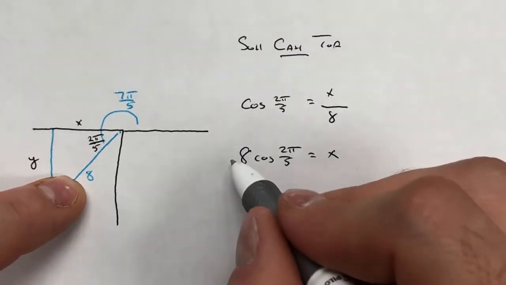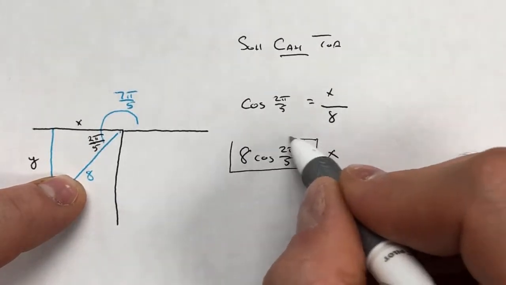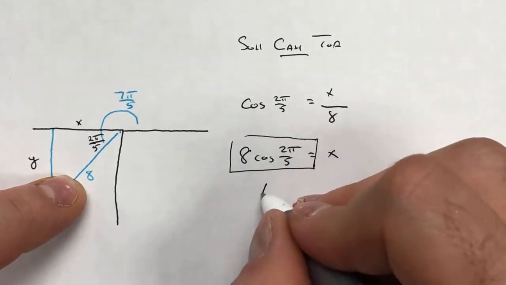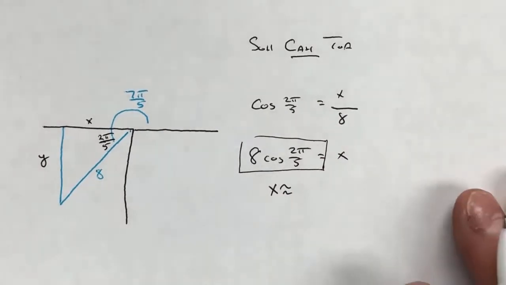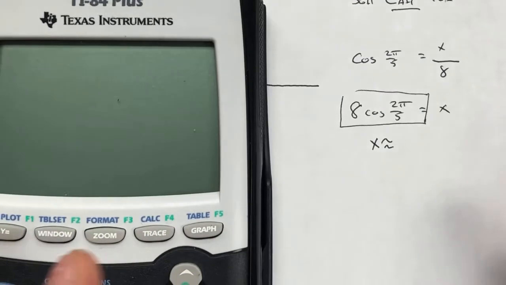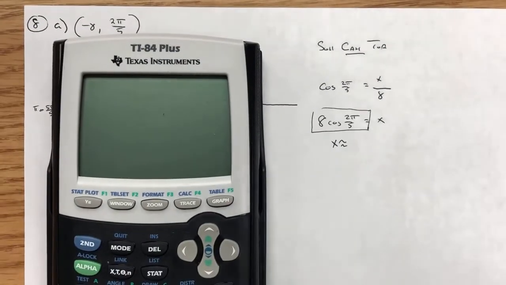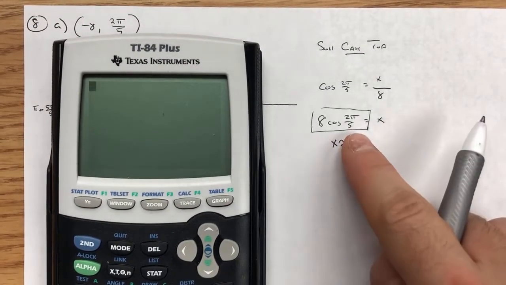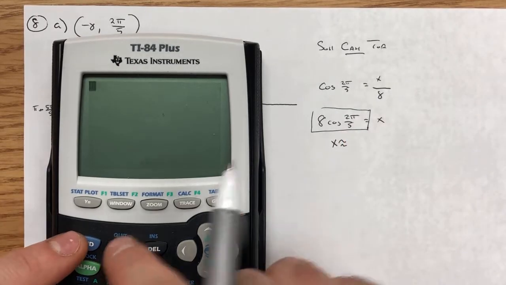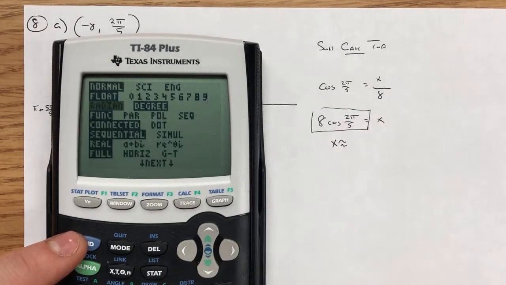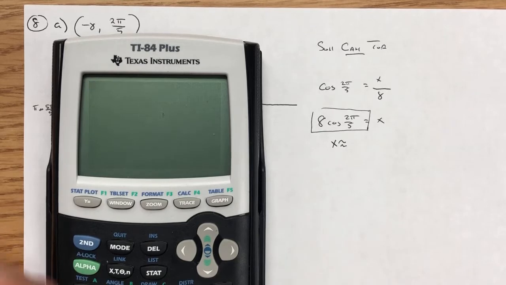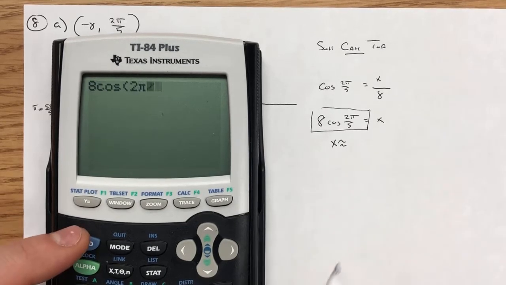If I need an expression, this expression will get me there. If I need to estimate, let's check this out. I'm in radians this time, so convert back to radians: 8 times the cosine of 2 pi divided by 5.